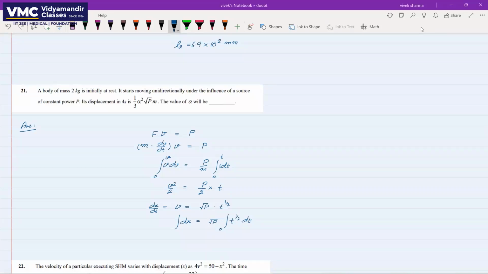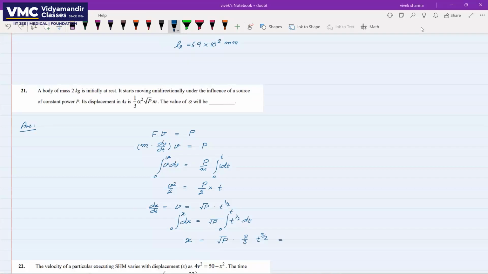integrate करेंगे. Time t is equal to 0 पर से particle origin पर, से after time t particle is at x, and x is equal to square root of P into integration हो जाएगा t raised to the power 3 by 2 divided by 3 by 2, or you can say it is 2 by 3 t raised to the power 3 by 2. So time is given as 4 seconds.